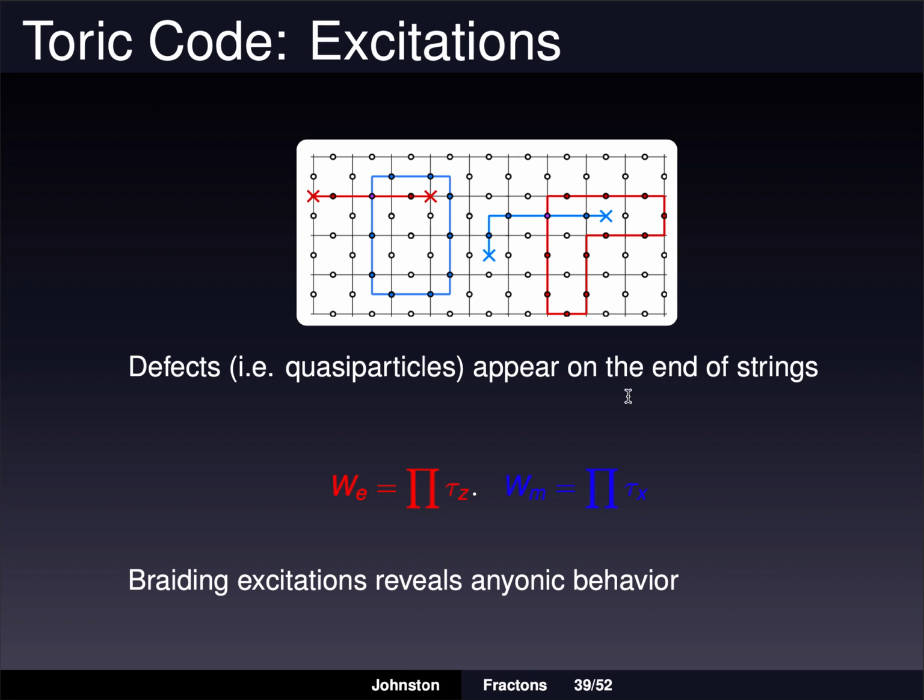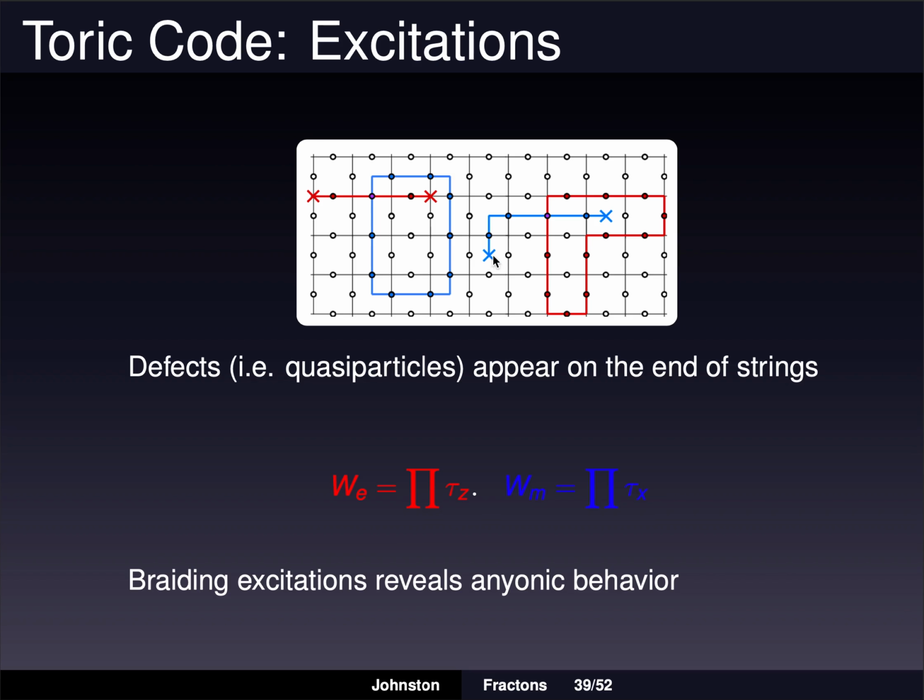Defects appear in this ground state configuration as the ends of strings of either the Z Pauli matrices, the magnetic ones if you like, and the X Pauli matrices. So the electric defects are at the end, perhaps slightly counterintuitively, of the Z Pauli matrices, and the magnetic defects are at the end of strings of the X Pauli matrices.